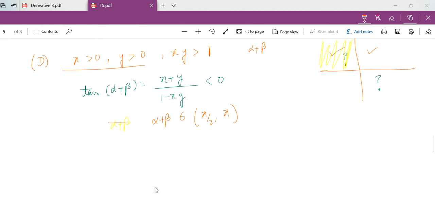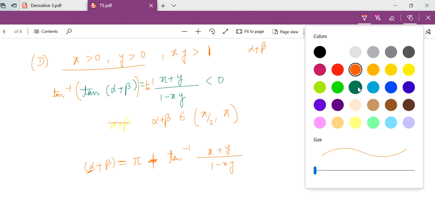So if I take the inverse on both sides, tan inverse, you are not going to give me alpha plus beta, you are going to give me alpha plus beta minus pi, to adjust it into the actual domain. So this is tan inverse of x plus y upon 1 minus xy, or you can just move this to the other side, pi plus. So tan inverse x plus tan inverse y is equal to pi plus tan inverse of this, when both are positive but your xy is greater than 1.